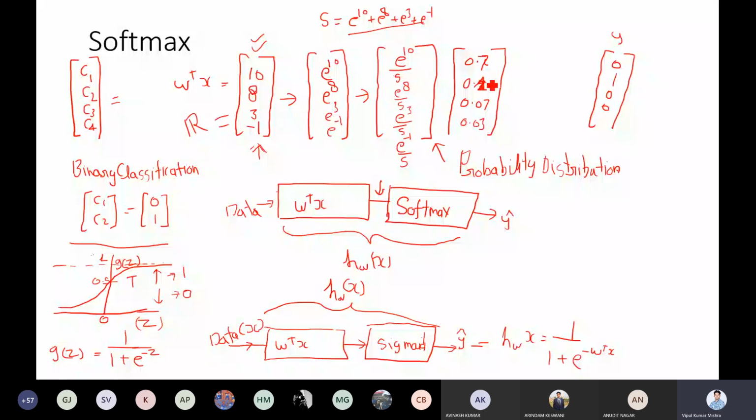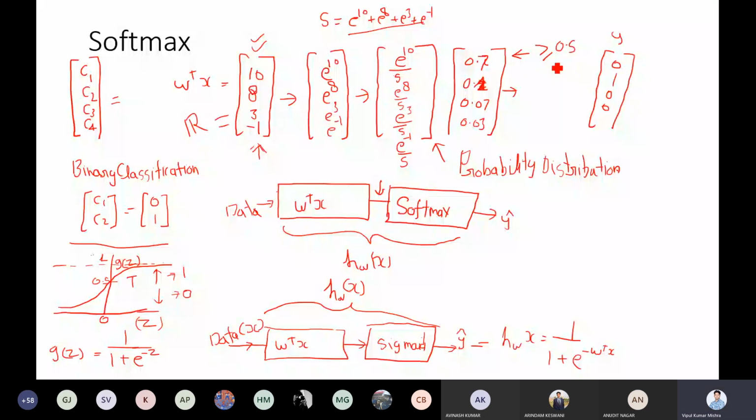Now one beautiful thing here: only one single value will be more than or equal to 0.5. That will become your class.